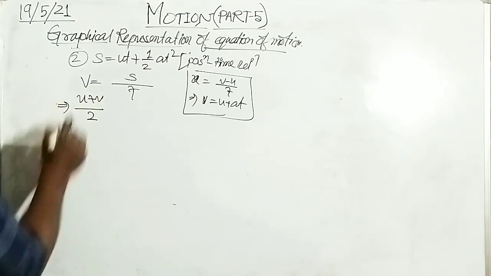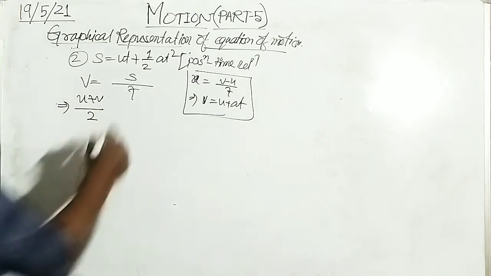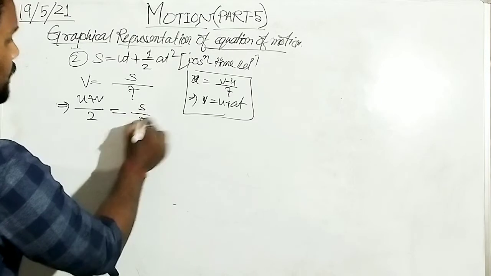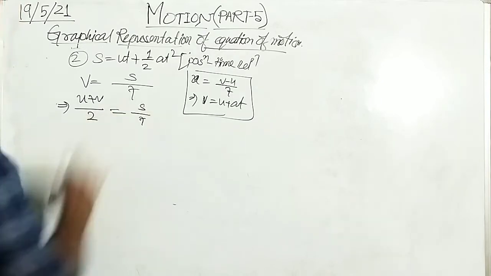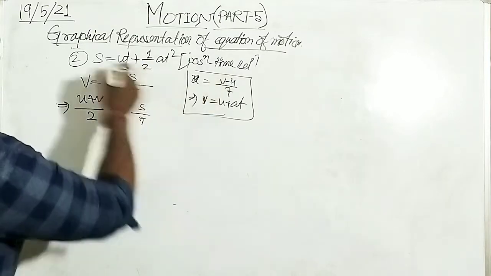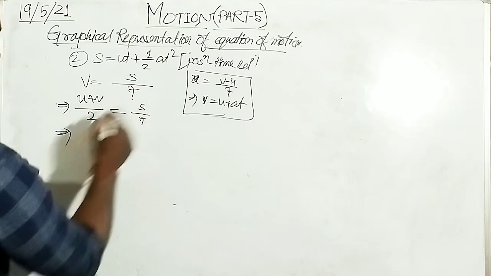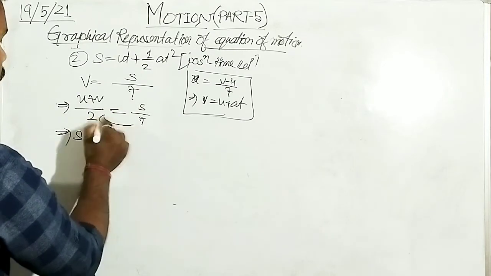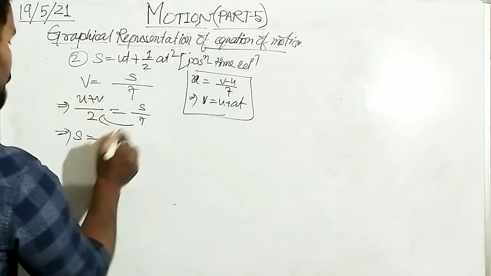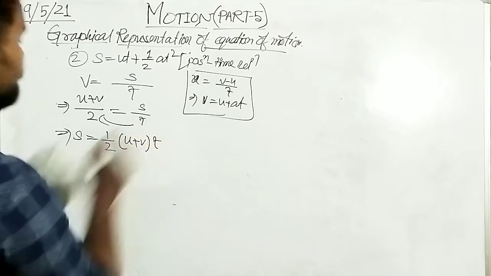That is, u is the initial velocity, v is the final velocity. Add them and divide by 2. So it is s by t, and we denote displacement by s because we need the s here. Now we will change some positions. We will keep s on one side and t on the other side. So how will it look? Half u plus v into t.